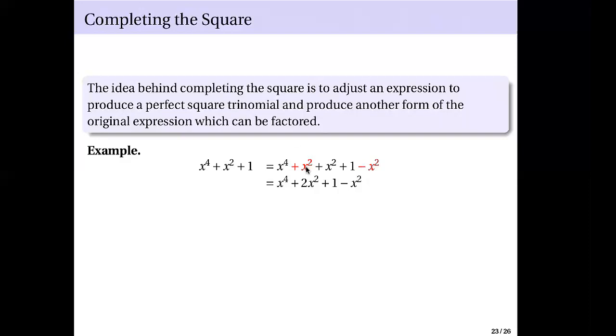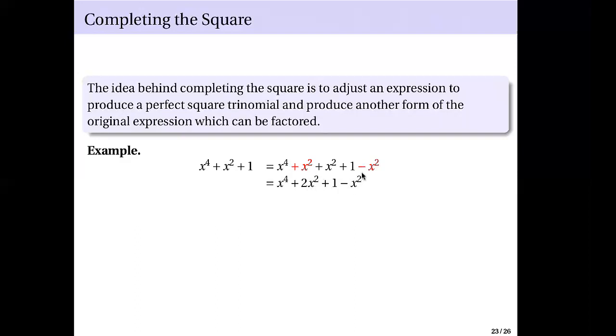So here, I am adding x squared. I have to subtract x squared so that I am adding 0. X squared minus x squared, that's 0. Doing that, I will not change this expression. If we combine this x squared plus x squared here, this will give me 2x squared.